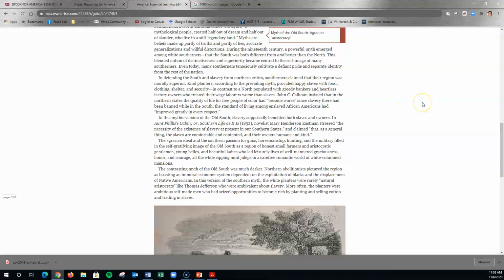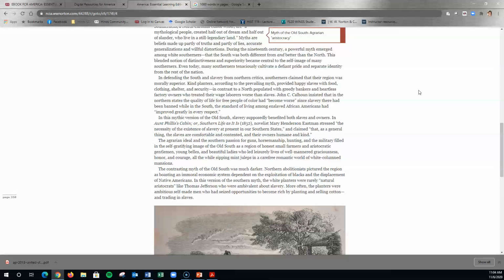Kind planters looked after the slaves, providing food, clothing, shelter, and security, in contrast to a North where greedy bankers and factory owners worked their wage laborers to death, worked them worse than slaves. This is sometimes called the positive good idea: the southern slave owner as a benevolent overseer.